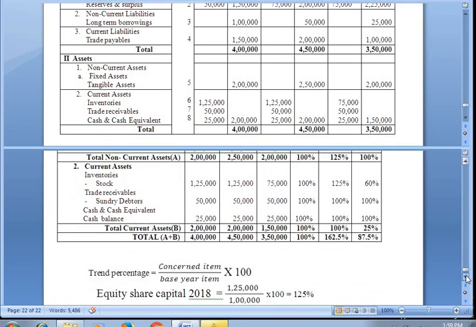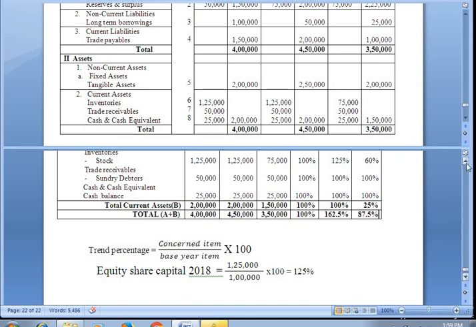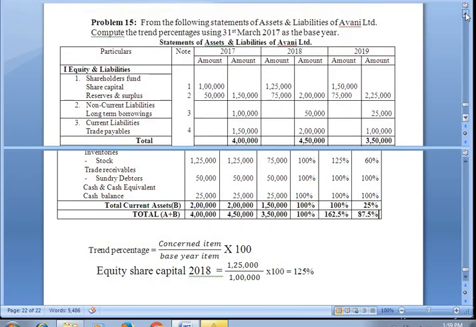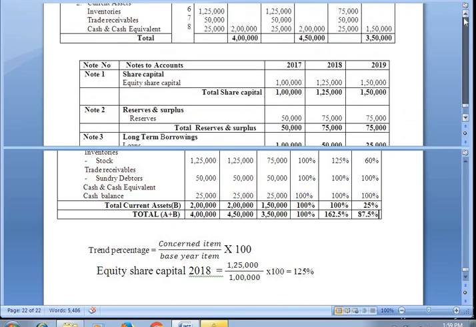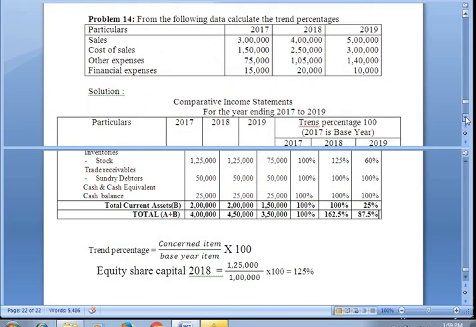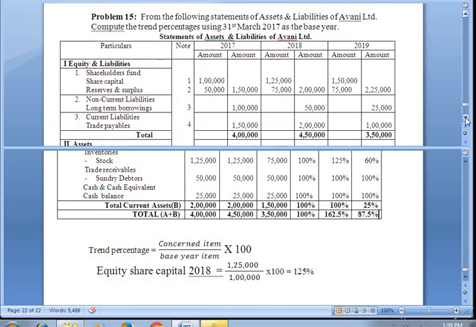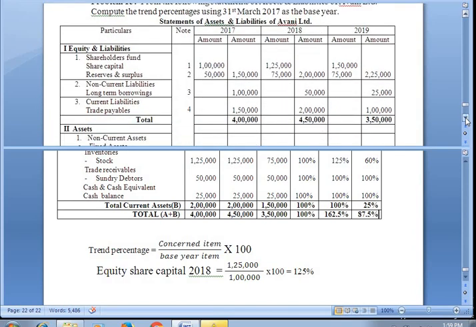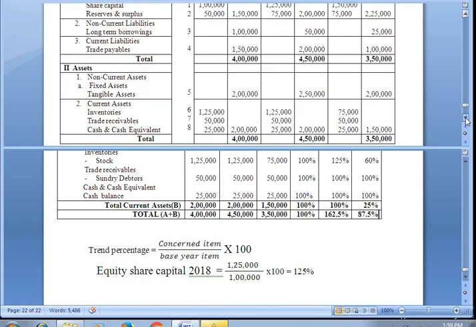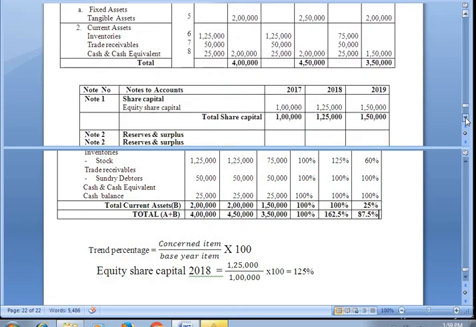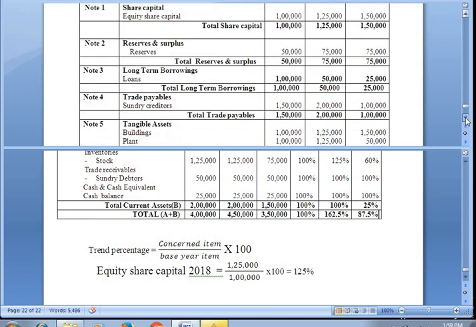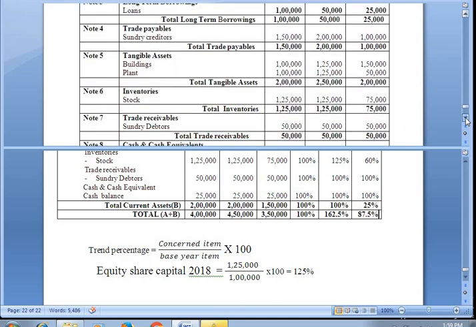This is the formula, and this is the problem. Here problem number 15, the asset and liability side, and these are the notes. Total 8 notes are there.